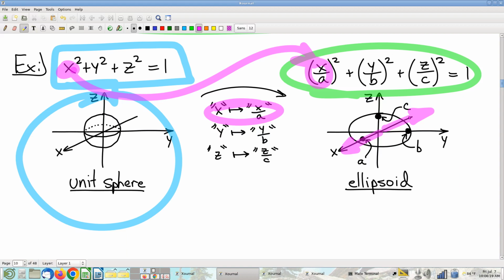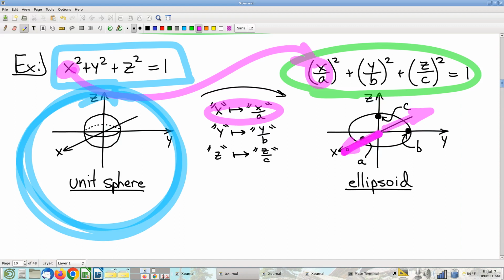So this green surface that I'm trying to understand is the result of starting with a unit sphere and then stretching it by a factor of A in the X direction, and likewise, because of what happens to Y here, by a factor of B in the Y direction, and by a factor of C in the Z direction.